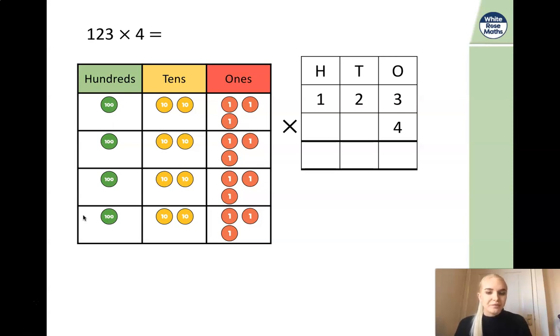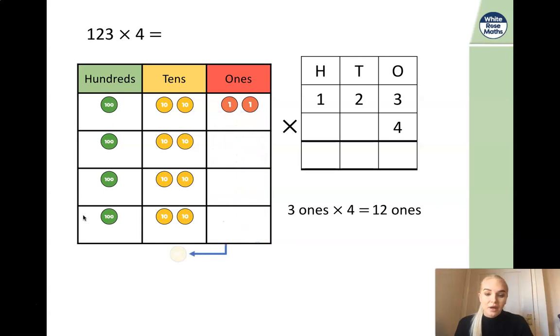Off you go. Okay, you will have noticed that we have more than 10 ones. 3 multiplied by 4 is 12, so we can exchange 10 of these ones for 1 ten. We can then exchange that 10 underneath our column, and then pop our 2 ones underneath. We are then looking at 2 tens multiplied by 4.